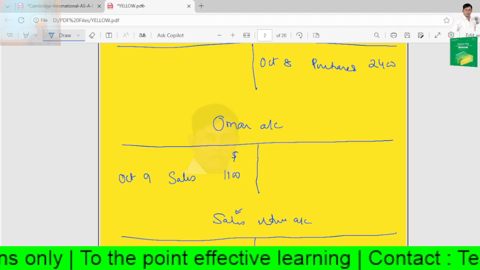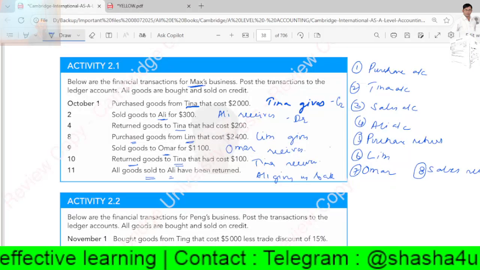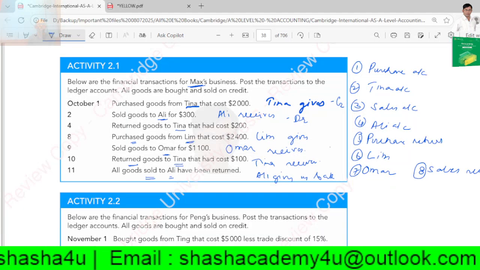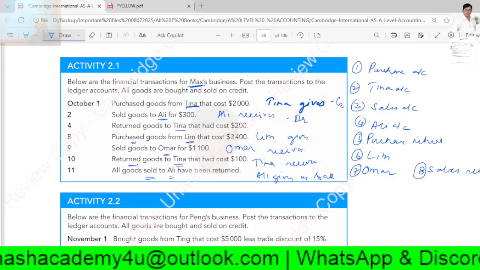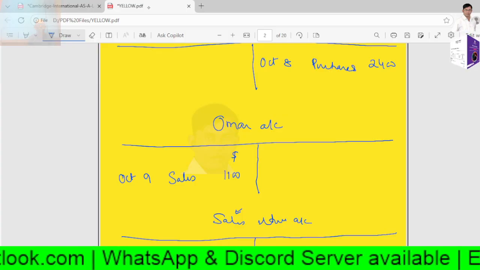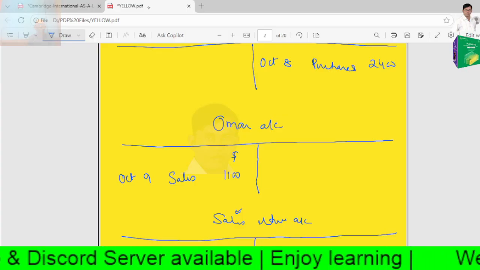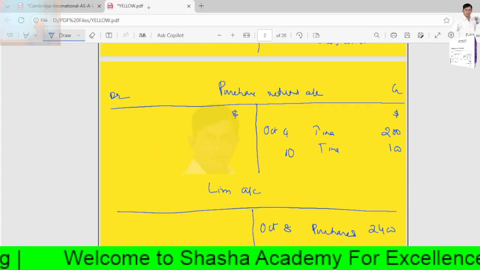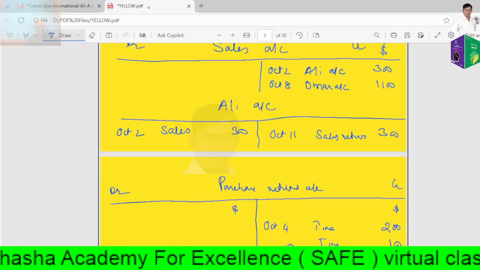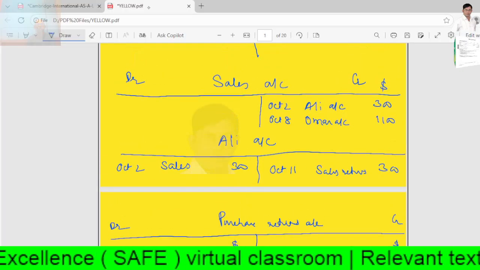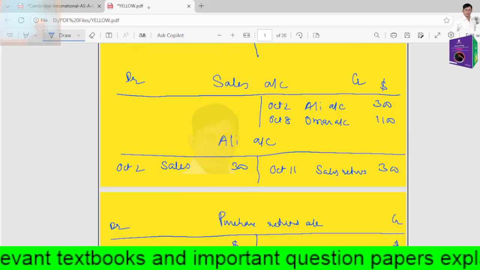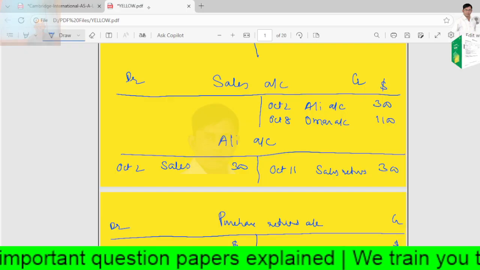So here the amount should be on October 11th. And what is the amount? Sold to Ali 300. So you have to write 300. Ali 300, sales returns 300.